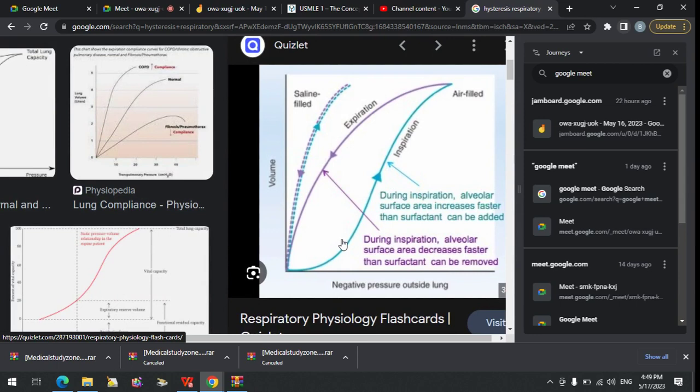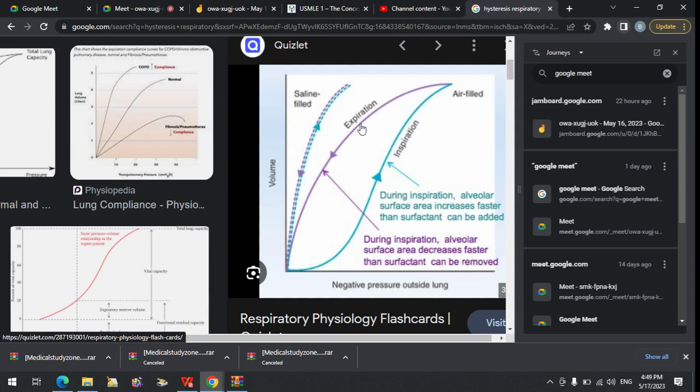It's very important. That surface tension, everything, we must remember it. It will be very easy for us. Now, what this curve is just trying to tell us is that we are looking at the pressure volume change, that is compliance, with respect to the phase of respiration that we are in. Are we in inspiration? Are we in expiration? How does it change?